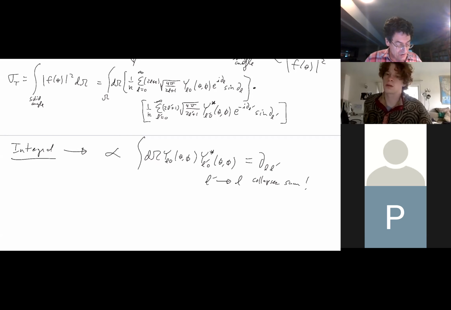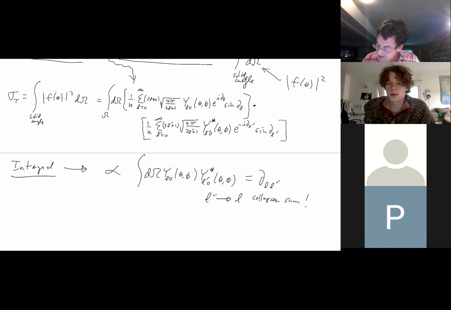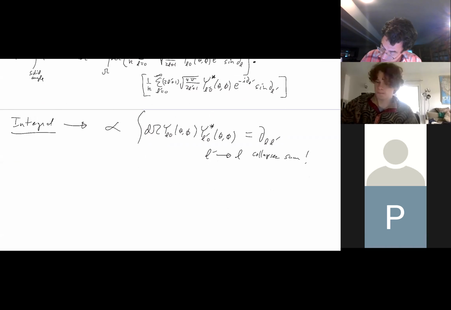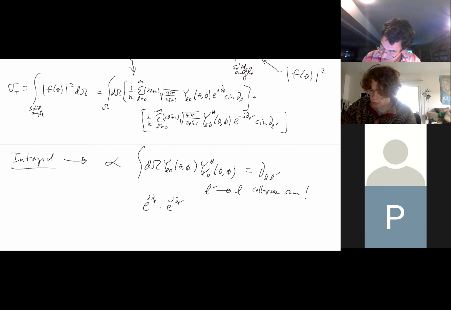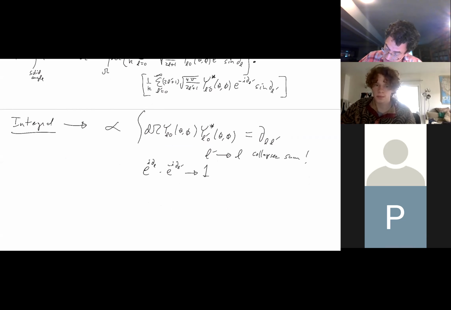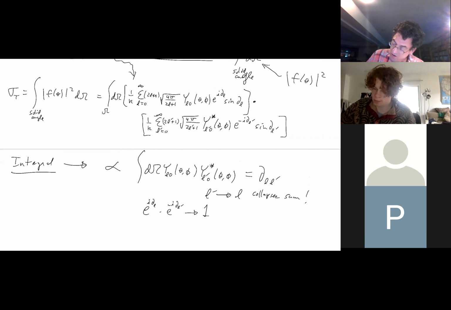And that's a very beautiful thing, because you can see now how the e to the i delta L times e to the minus i delta L prime, which you see in this integral, now goes to what? Someone tell me. 1. Exactly. And so everything becomes really simple, and I'm just going to skip some of the steps.